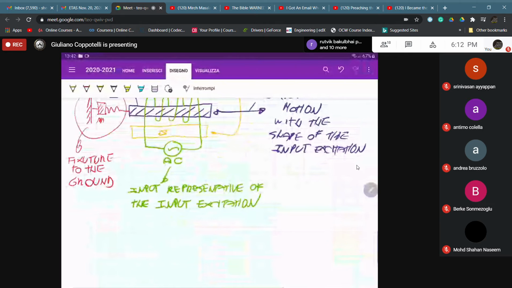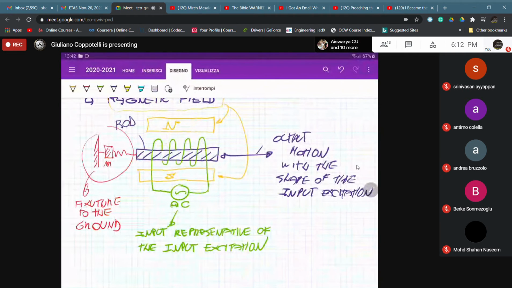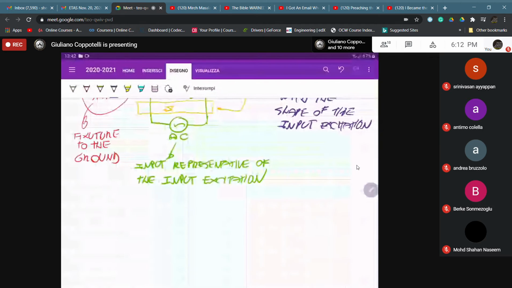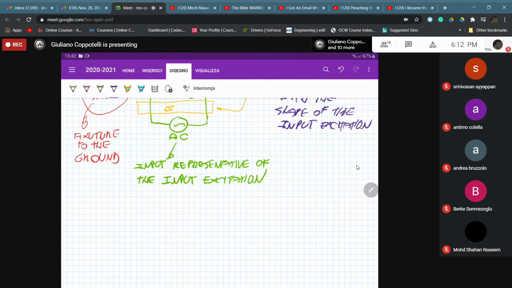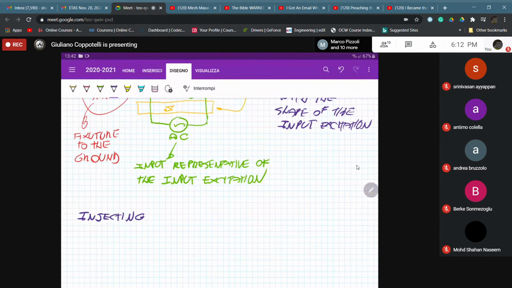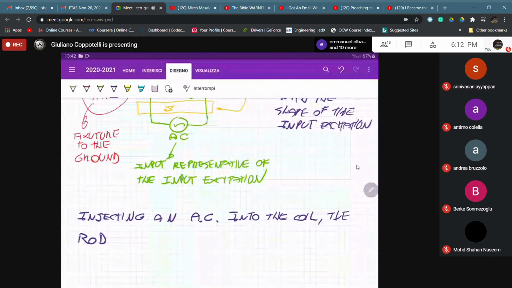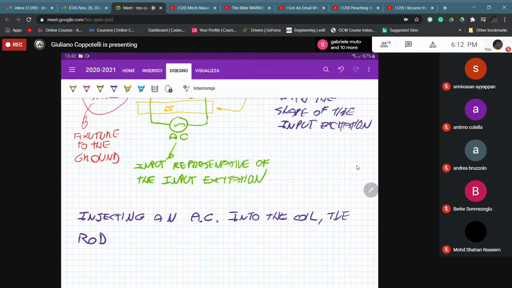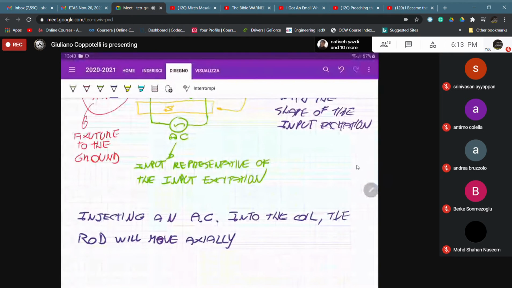Okay, so what is happening is that by injecting an AC current into the coil, the rod will move axially, thanks to the electromagnetic interaction.